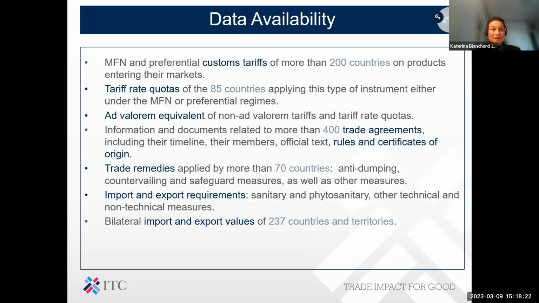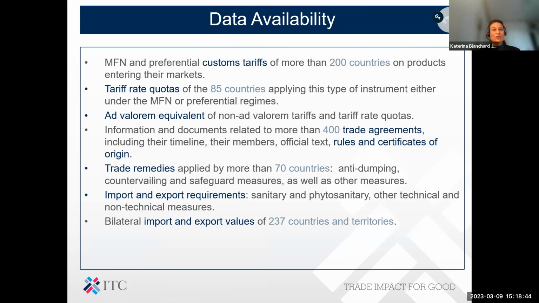Similar to other tools, Market Access Map has great coverage. We collect information on customs tariffs, on MFN and preferential customs tariffs for more than 200 countries. We have the tariff rate quotas for 85 countries.